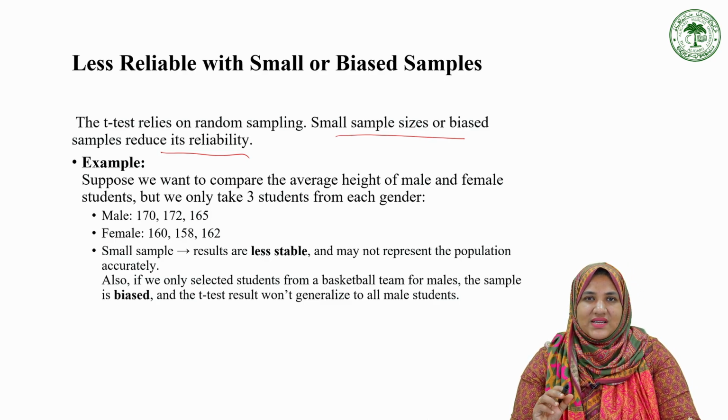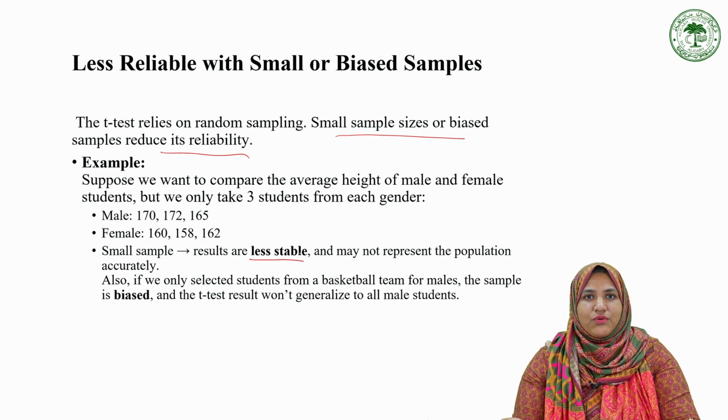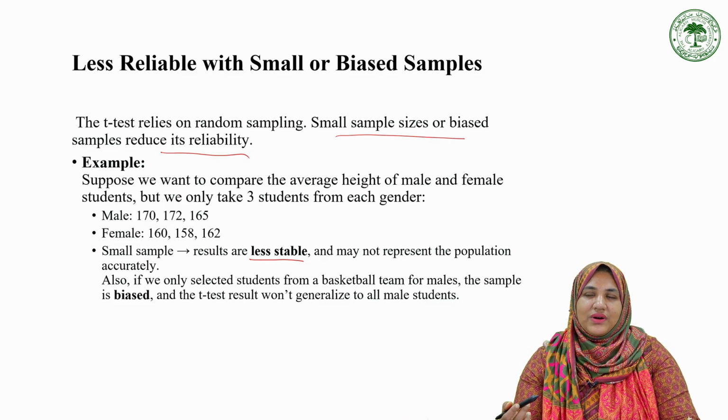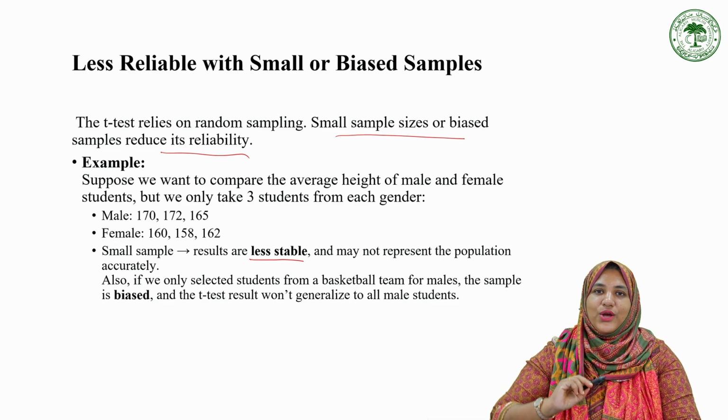Here, a small sample size can be less stable and may not represent the population accurately. You also took a biased sample. You selected only 3 males who are playing on a basketball team, and usually people on a basketball team have good height.